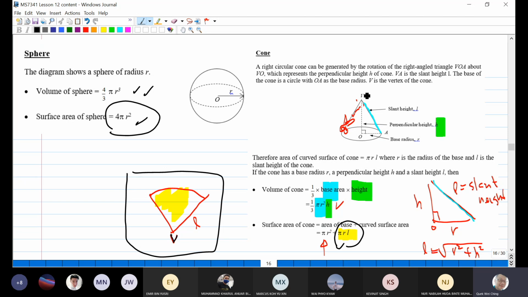The slant height here, and the area of this part is pi r l, where r is the radius of the circle at the base. So pi r l is the orange area on the side, then the base is a circle, pi r squared, right? So this is the thing about the cone.